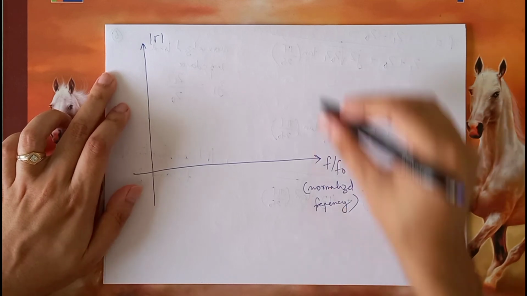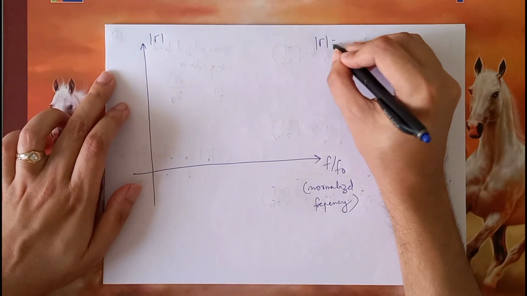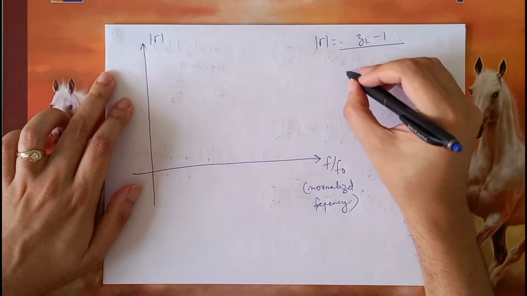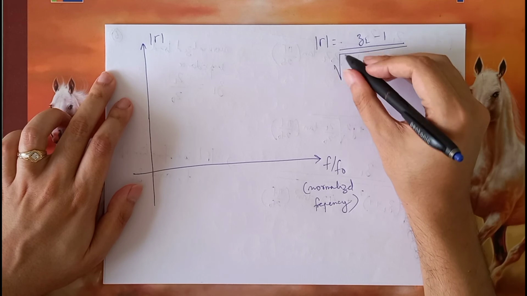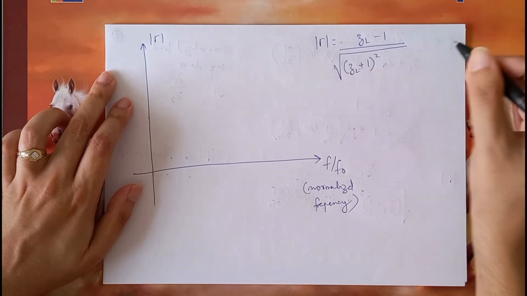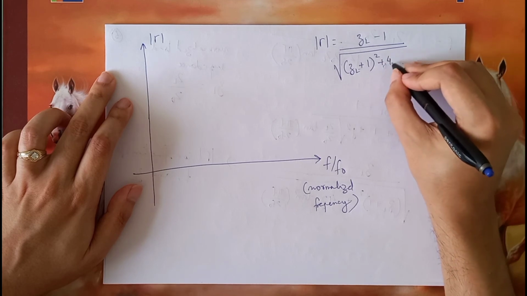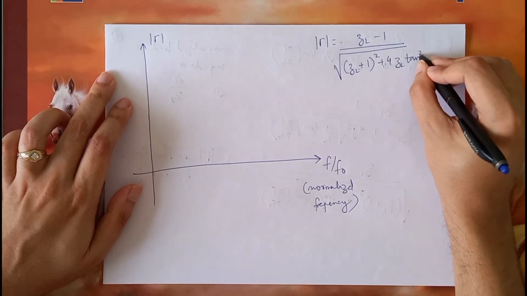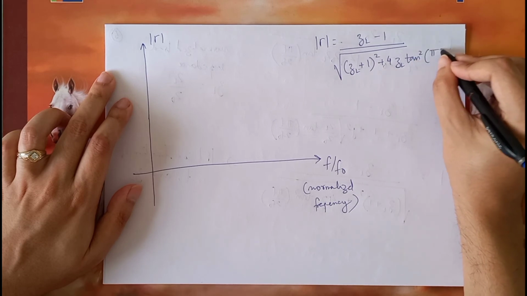So remember that mod gamma is small ZL minus 1 divided by square root of this plus 4 ZL tan square pi f by 2f0.